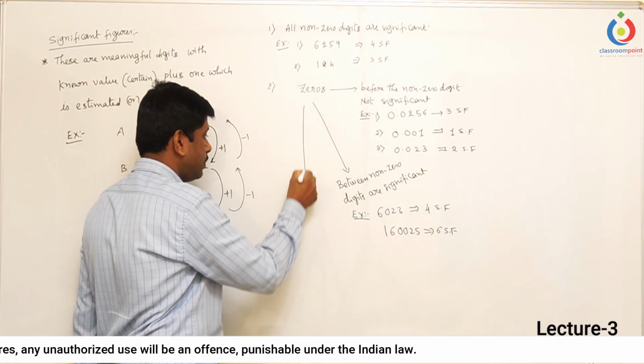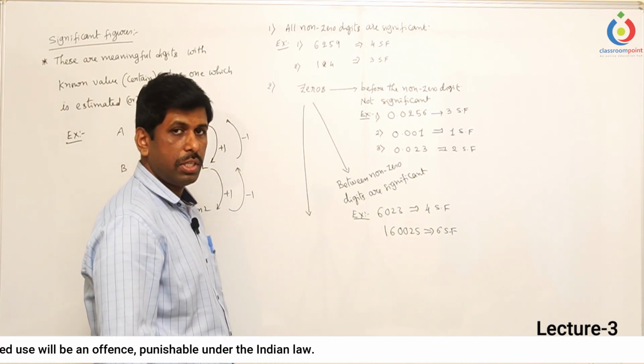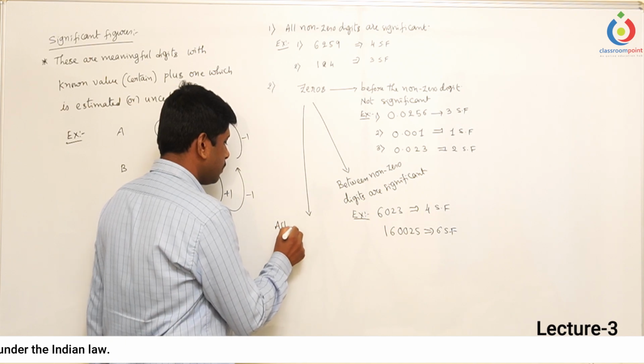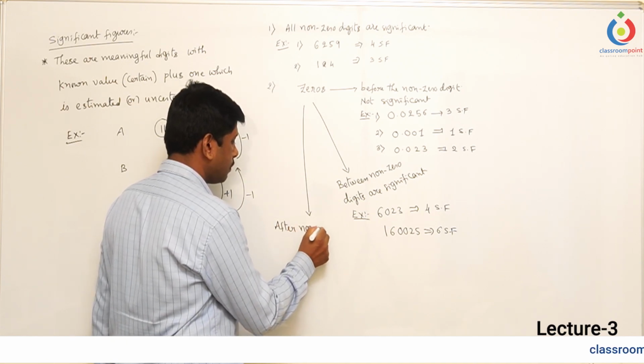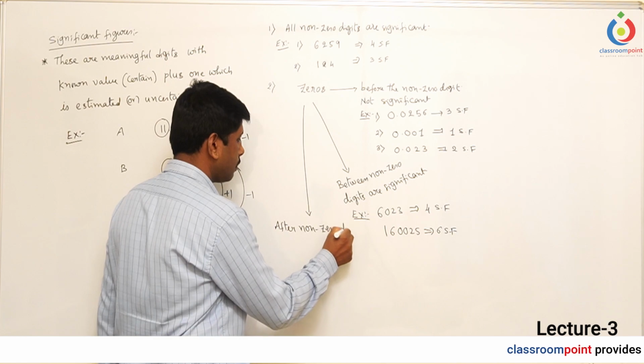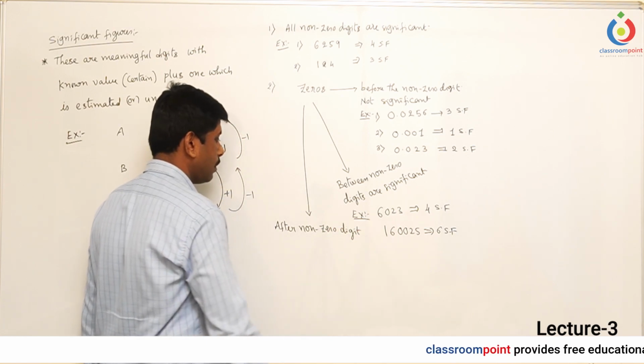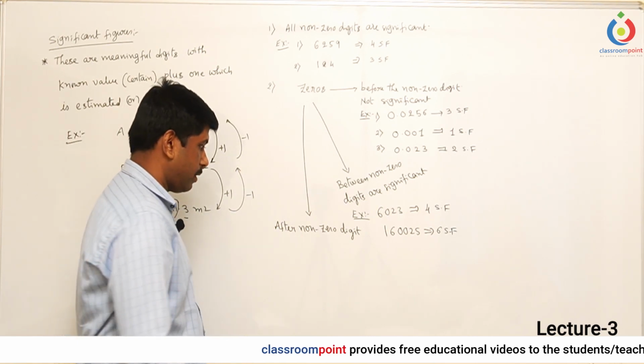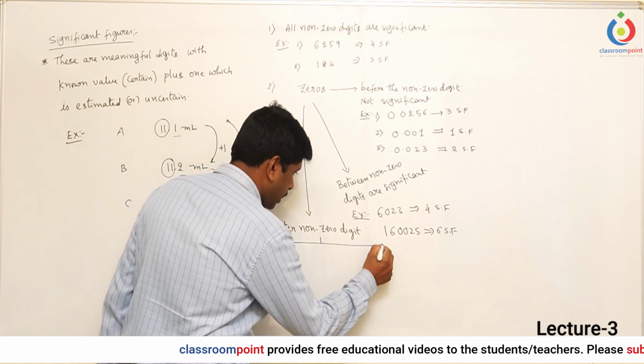Then what happens if zeros are coming after the non-zero digit? After the non-zero digit, again two rules are there. So let us take those two rules.